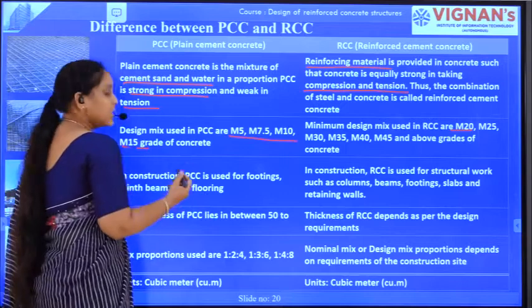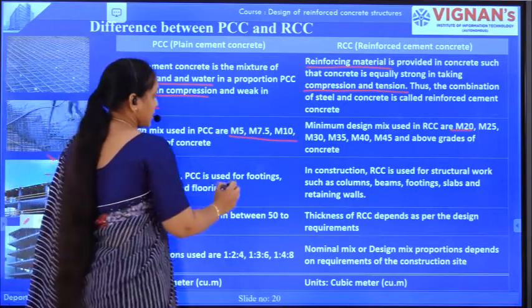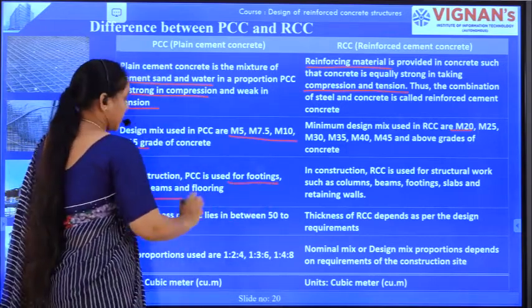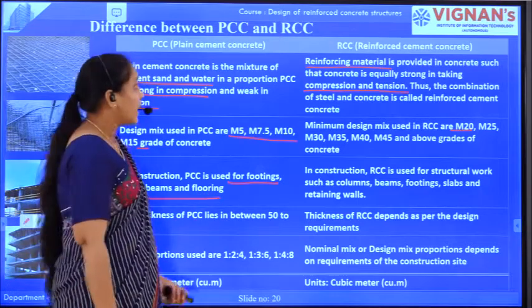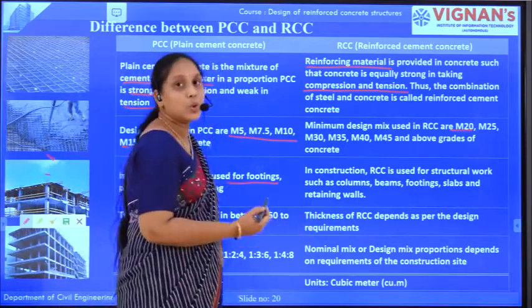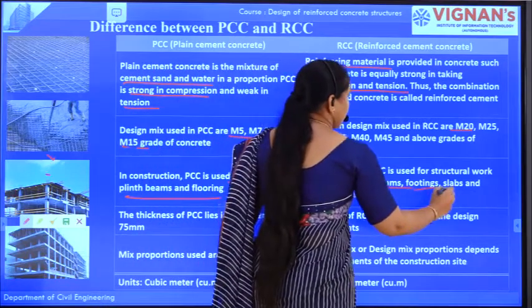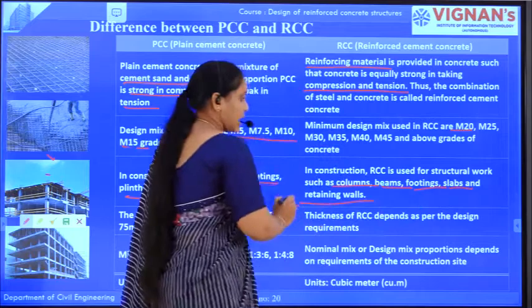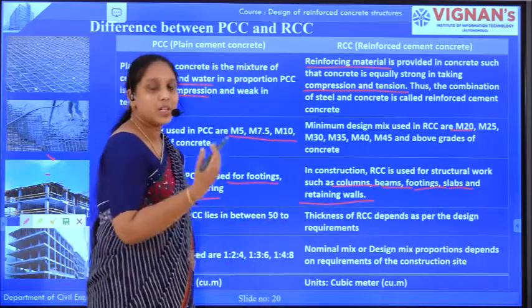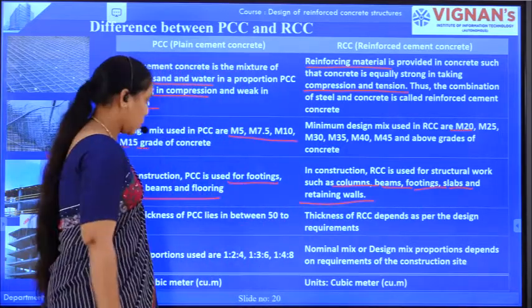In constructions, PCC is generally used for footings, plinth, beams and flooring sector. But RCC is used for the main structural elements like columns, beams, footings, slabs and retaining walls. For all the main structural elements, reinforced cement concrete is used.